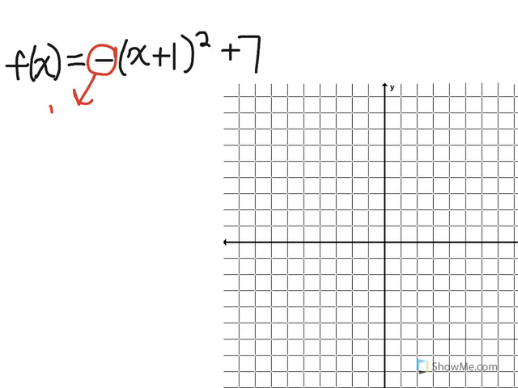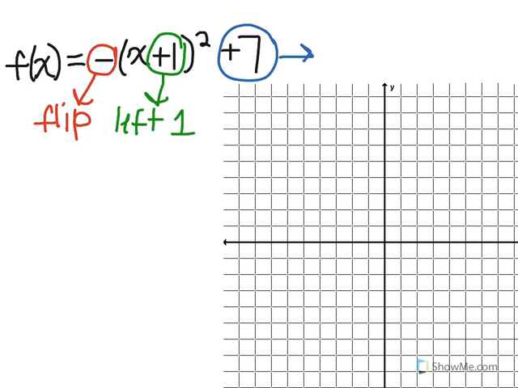The negative in front is going to make it flip along the x-axis. The plus 1 here is going to shift it to the left 1 unit. And the plus 7 on the outside is going to move the whole graph up 7 units.